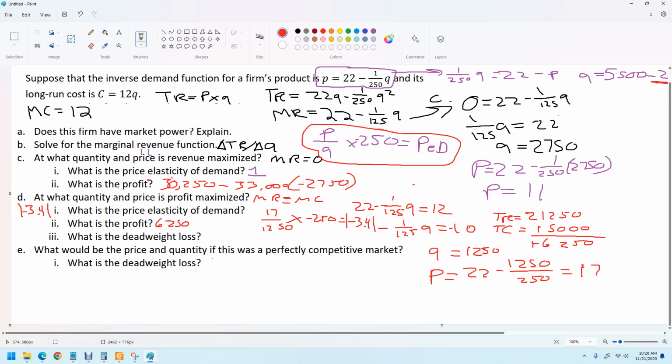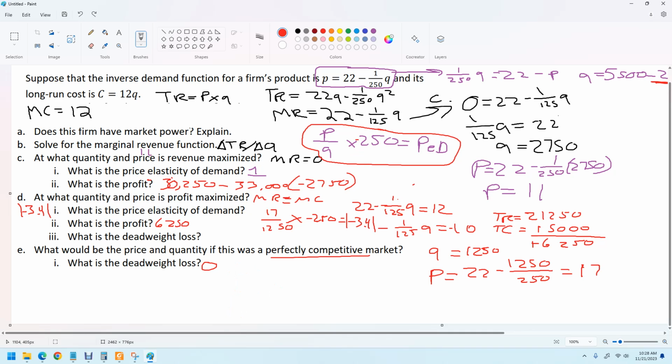Okay, deadweight loss here. We have to figure out what the difference is between the perfectly competitive environment and the monopoly situation. So the deadweight loss here, if it's perfectly competitive, is 0. The deadweight loss, though, if there's a monopoly, is whatever the difference is on, why can't I write?